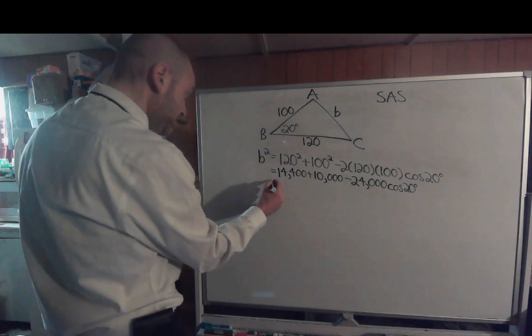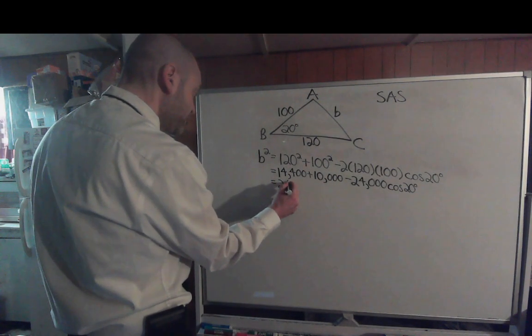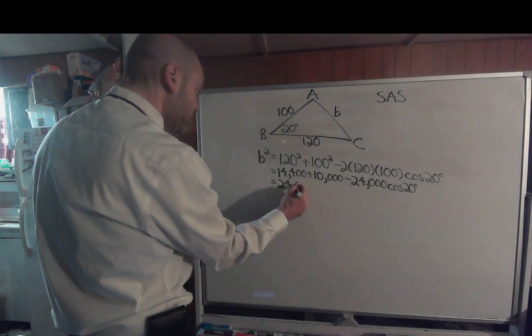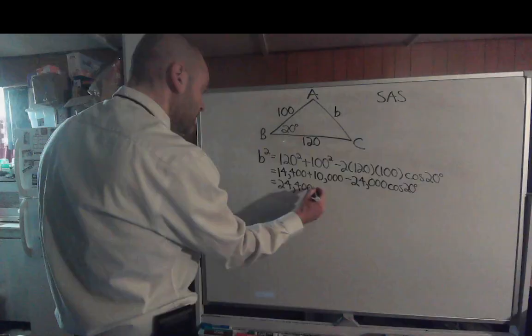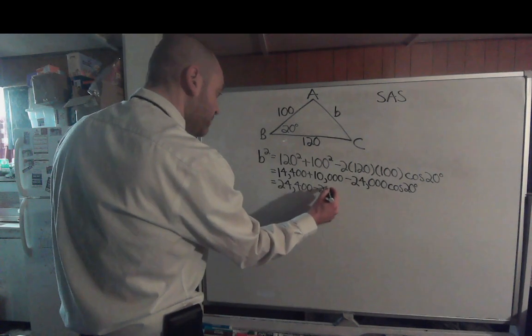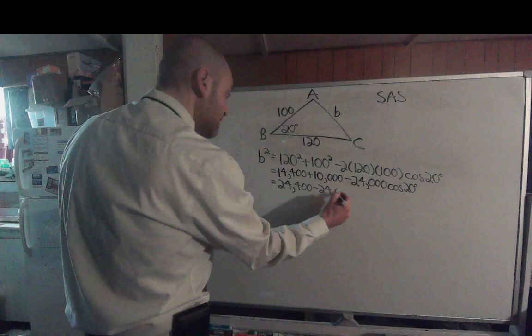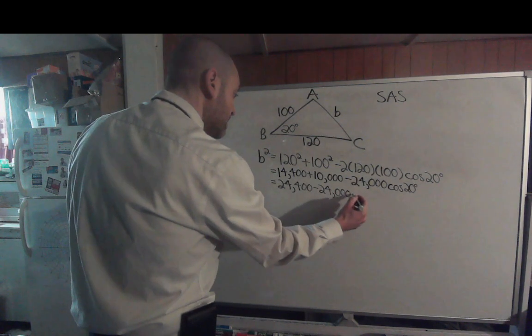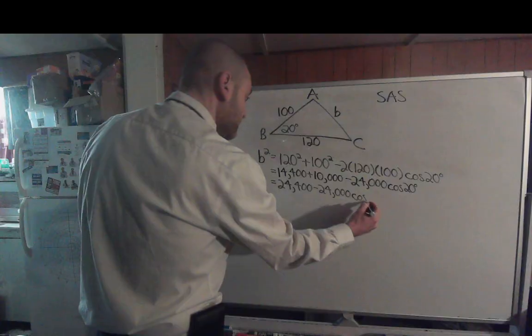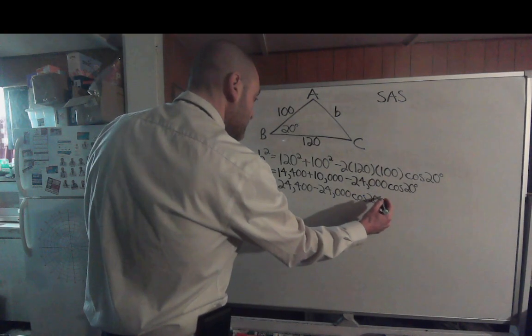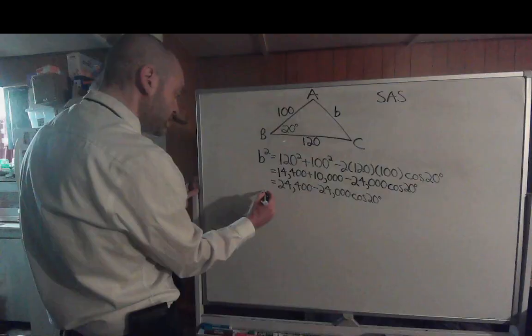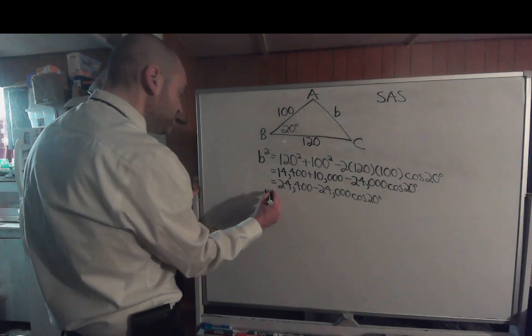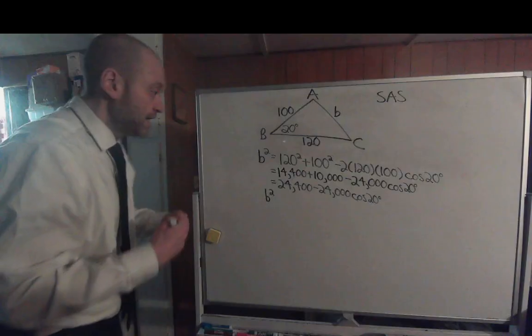So this would simplify into 24,400 minus 24,000 times the cosine of 20 degrees. So let's see what we get for b squared.